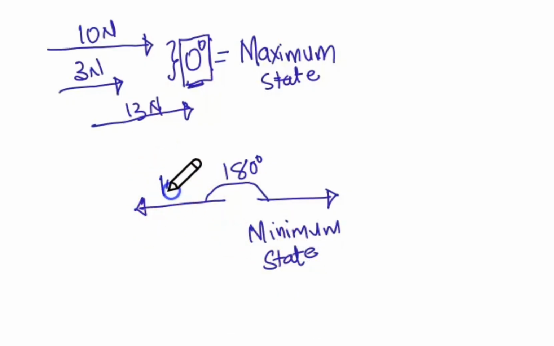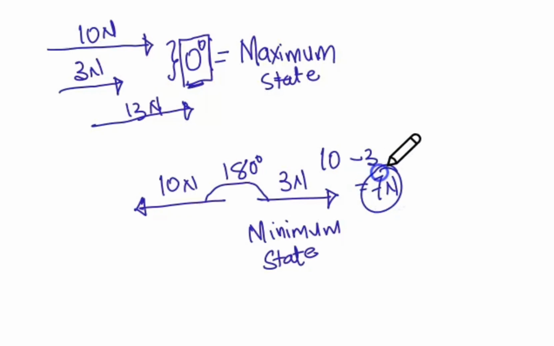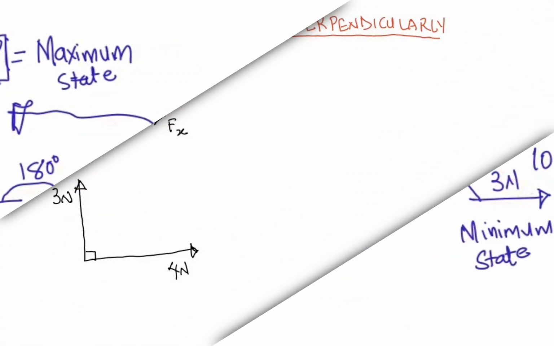If we have 10 Newton and 3 Newton, we expect the sum to give us 13 Newton. But in this case, remember, we are going to subtract. So we have 10 minus 3, and this will give us 7 Newton. So it gives us something lower compared to what the sum will give us. This is what you ought to know about cases of parallel forces that are either acting in the same direction or in opposite direction.